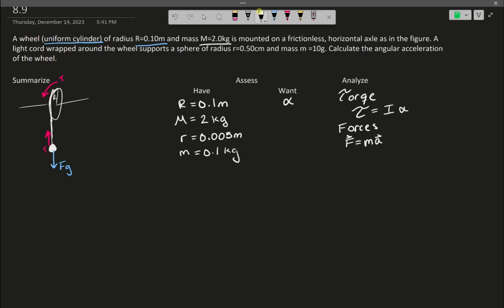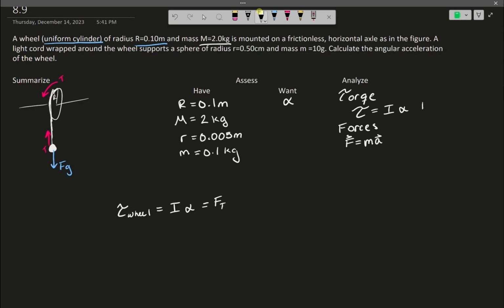The thing that I want to think about is that it's asking us for the angular acceleration of the wheel. So I'm going to think about the torque on this wheel, and that is going to be I, your moment of inertia, times alpha, or your angular acceleration. And I know that what's going to cause the torque is a force, and this is going to be the force of tension. But force by itself is not equal to torque.